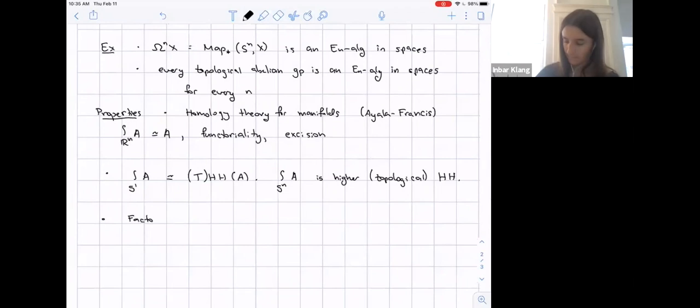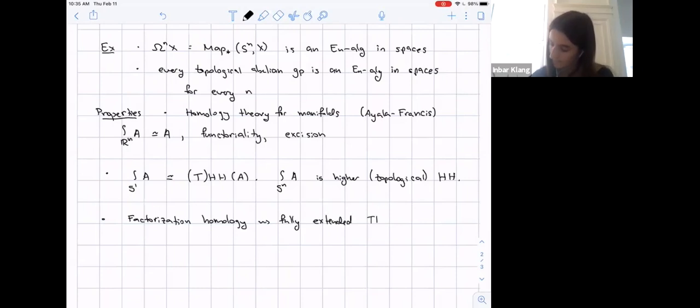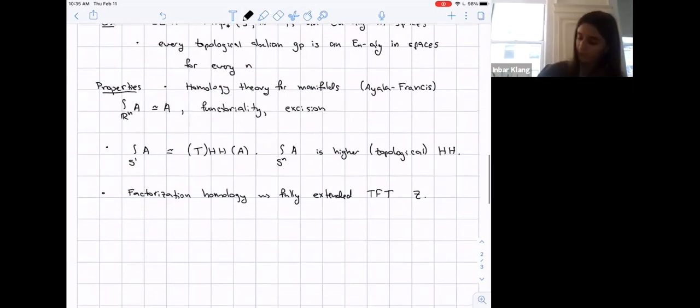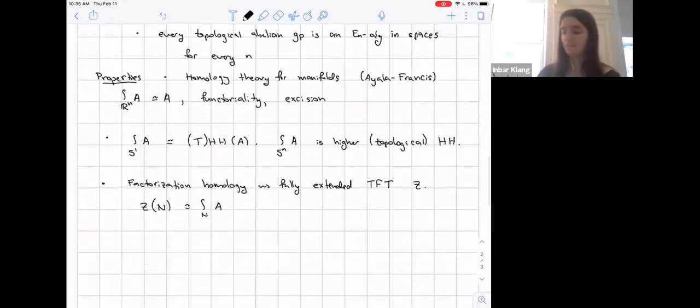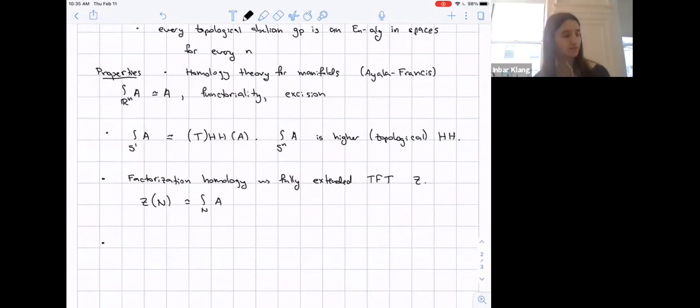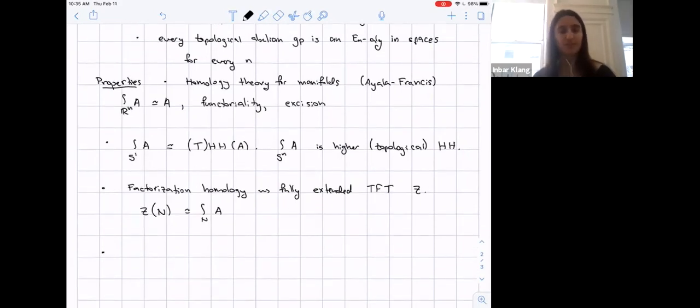So if you want to define this fully extended field theory on a manifold N, you take the factorization homology of N with coefficients in A. So this leads to sort of a class of examples of fully extended topological field theories.